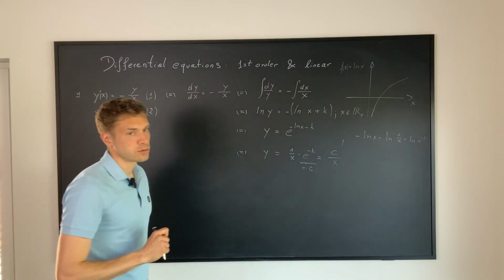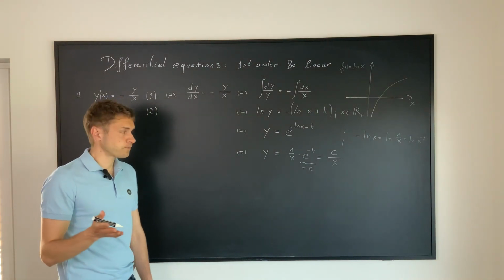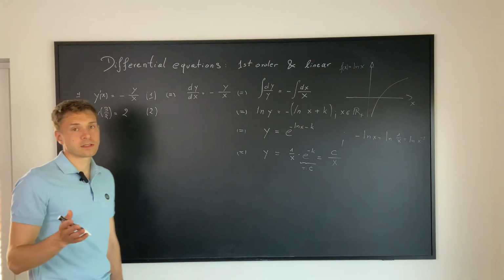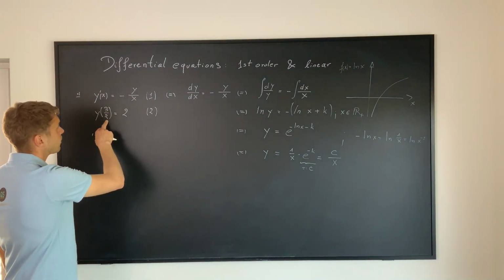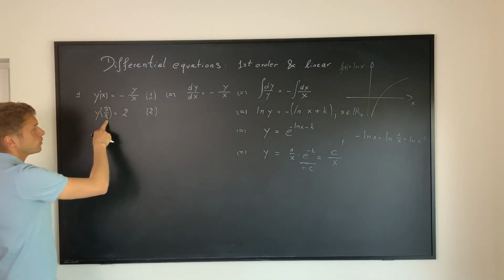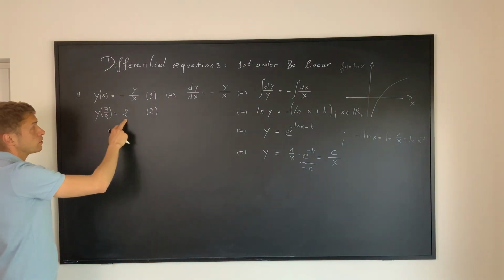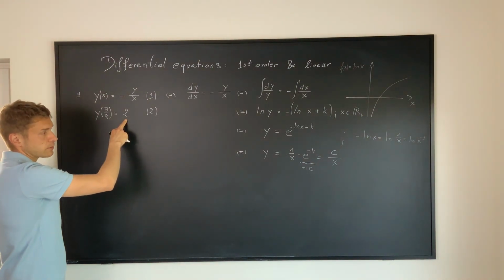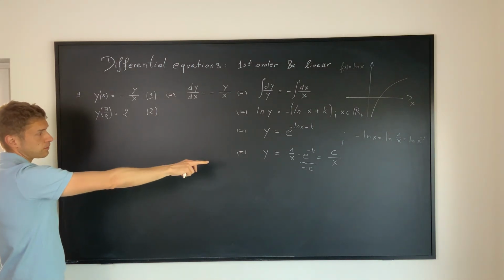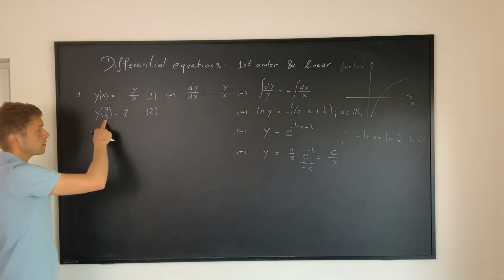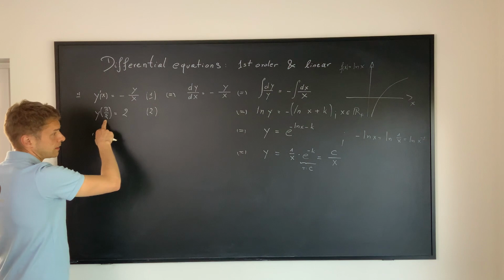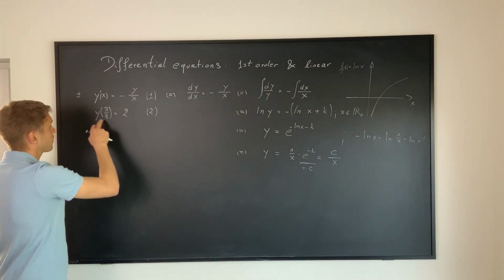Now what we have to do is to look at the initial value problem, and incorporate in some way this initial value problem. So we know that for x equals 3/2 we have to obtain 2 for the function y of x that we were looking for. So here we can use our solution and plug in the value 3/2 for the variable x.